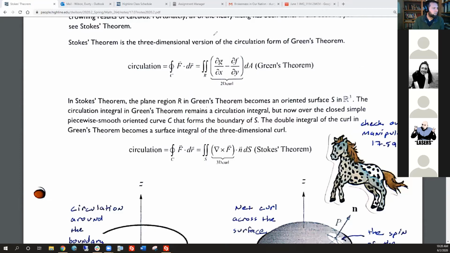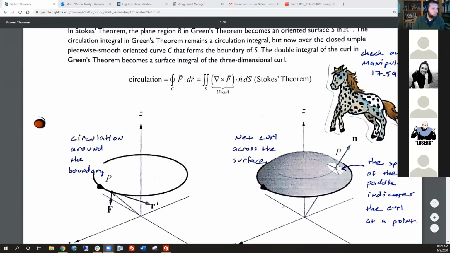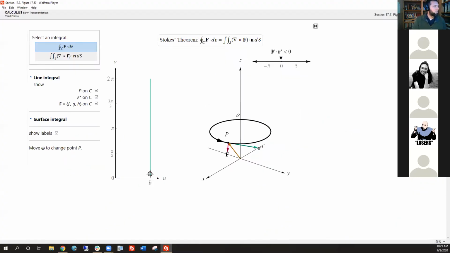All right. So we should check out this manipulate here. There are the two halves of Stokes' theorem.